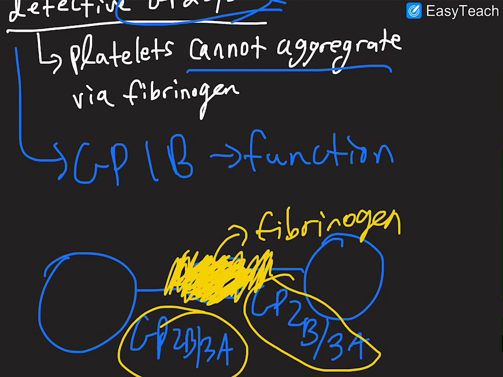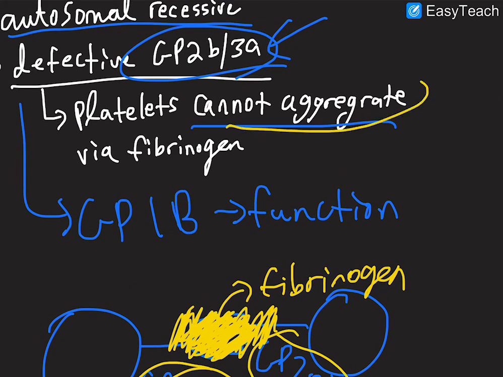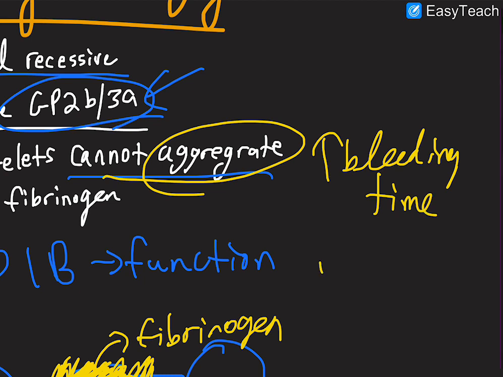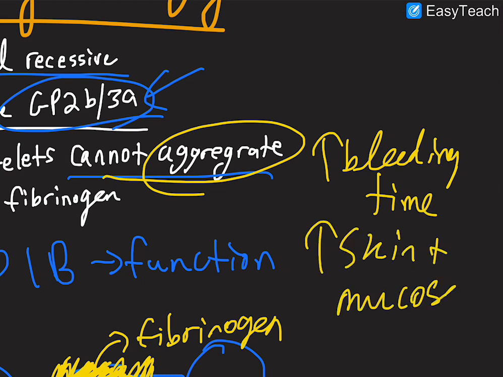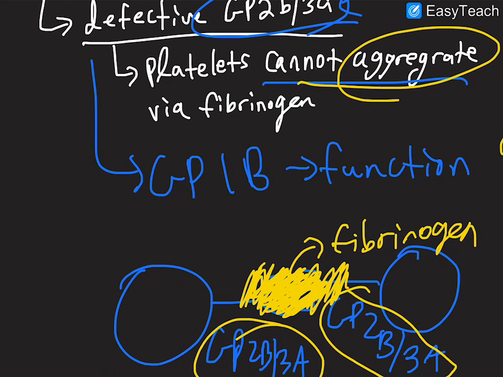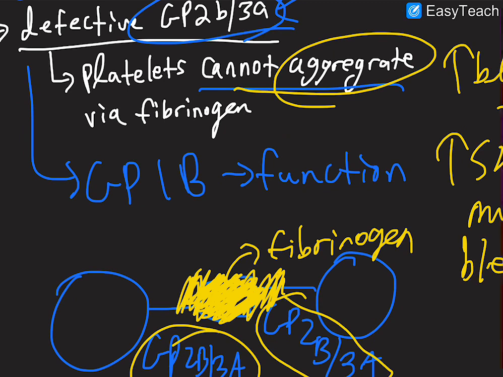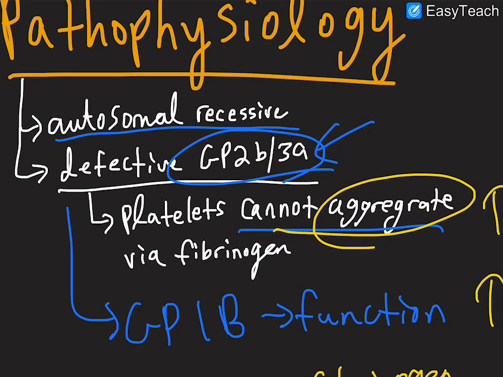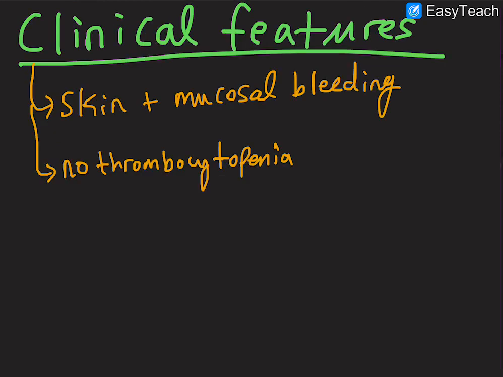But if you can no longer do platelet aggregation, then of course you can expect to see things like increase in bleeding time and things like skin and mucosal bleeding too. Okay, so let's see what we have next. The main thing about the disease is defective glycoprotein 2b3a, which means you cannot do platelet aggregation.